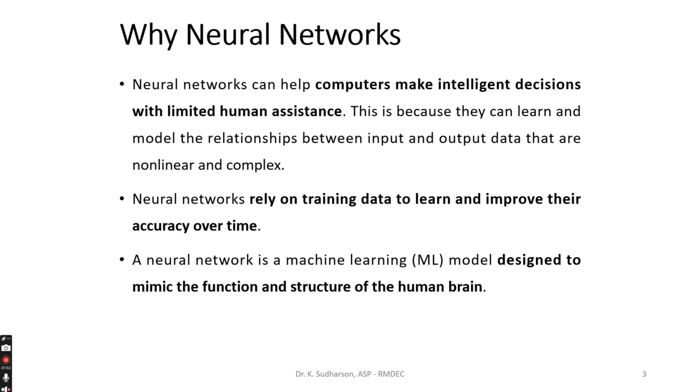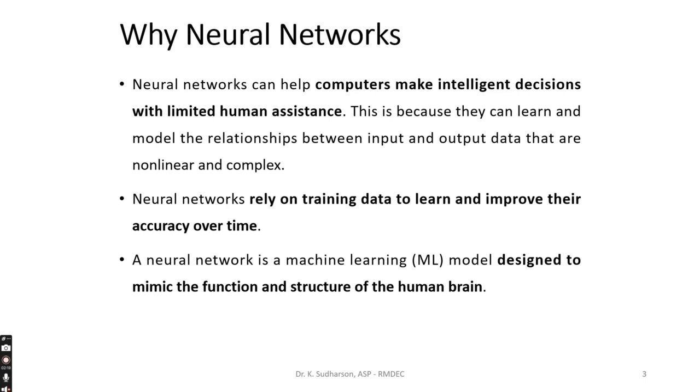In weather forecasting, we need to predict the weather, or in social media we can analyze the data and give some recommendation to the users. So these are the various areas where we can apply neural network to make intelligent decisions without human intervention.